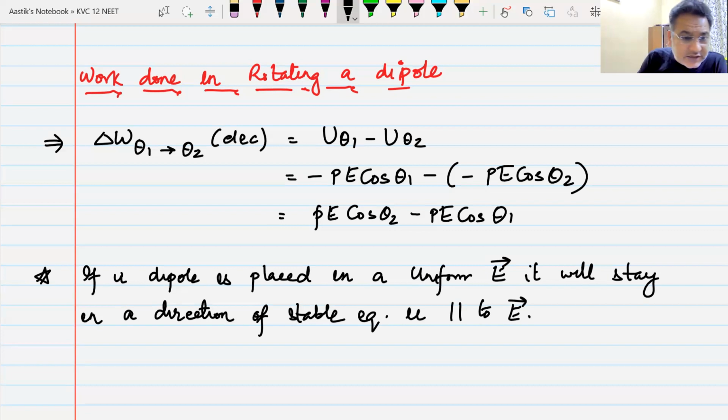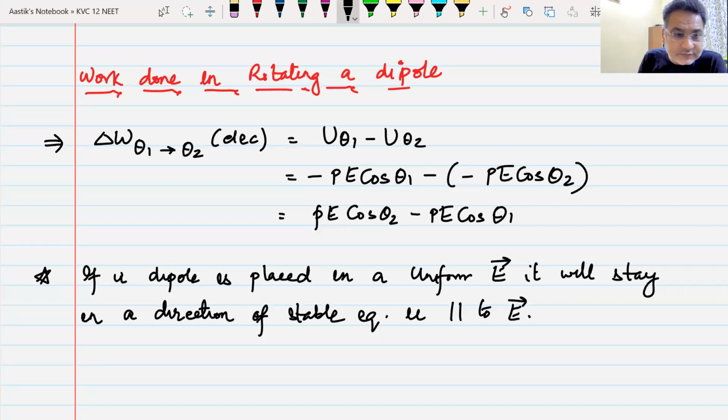It will always stay parallel to the electric field. Do we understand this?